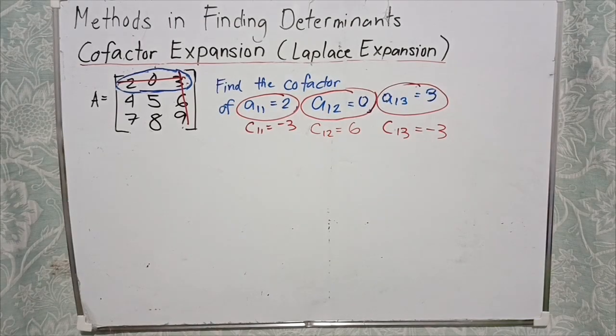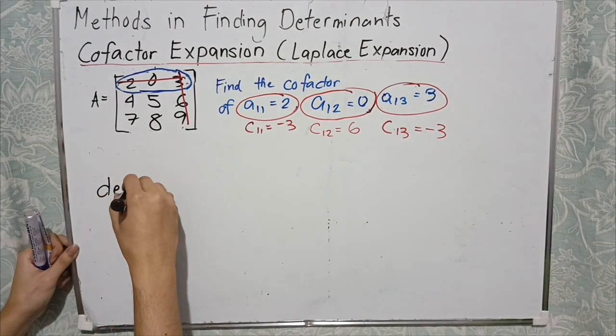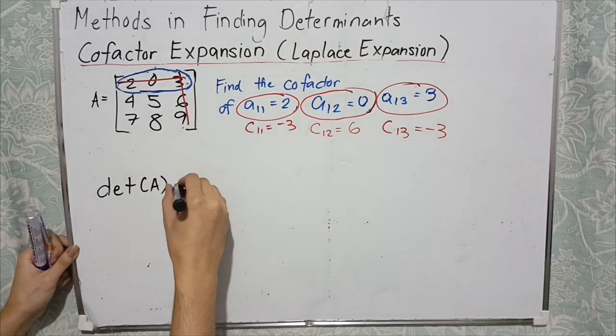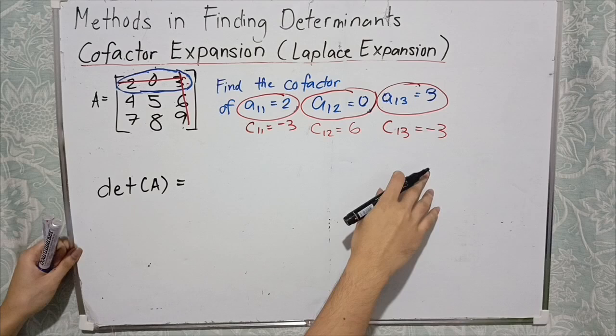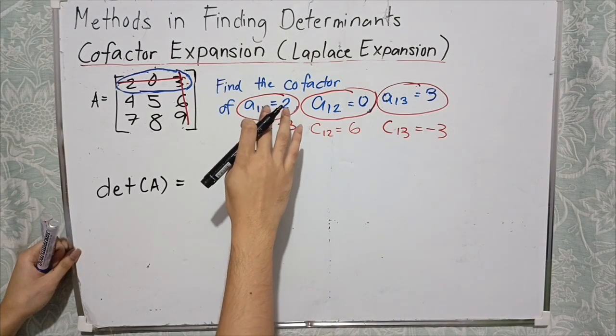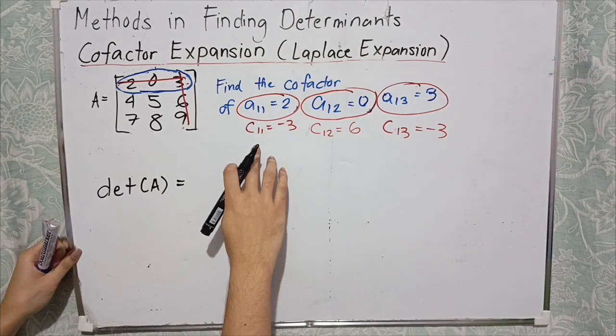To get the determinant of this matrix A, that will be the summation of each element times its corresponding cofactor.